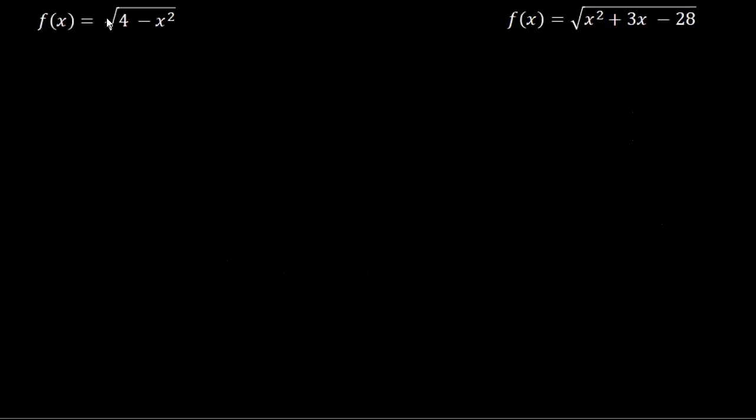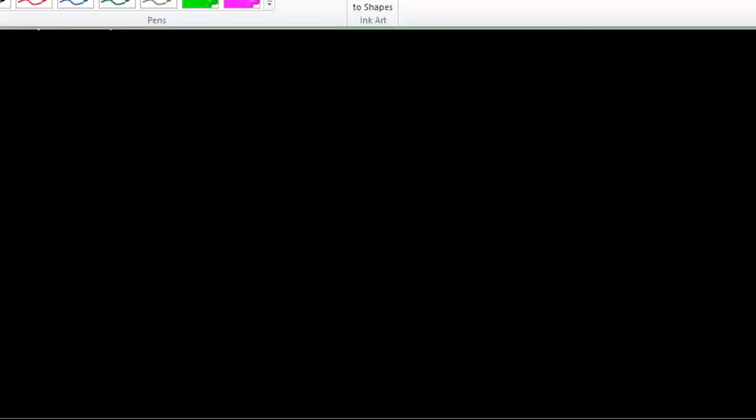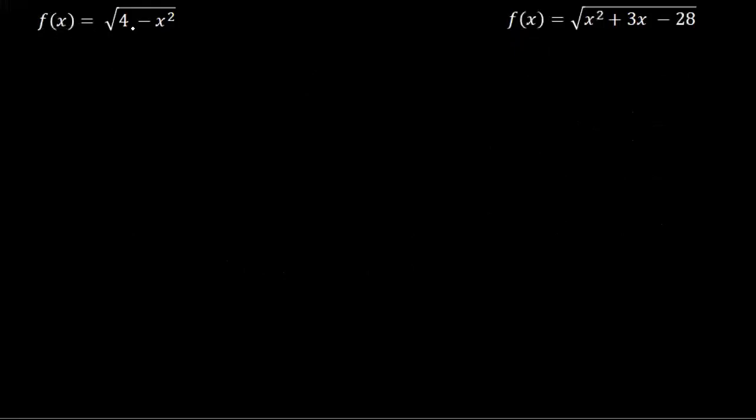So here we have the square root of 4 minus x squared. So this function is well defined if whatever is written within the square root is non-negative. So we simply write f(x) is well defined if 4 minus x squared is more than or equal to 0.